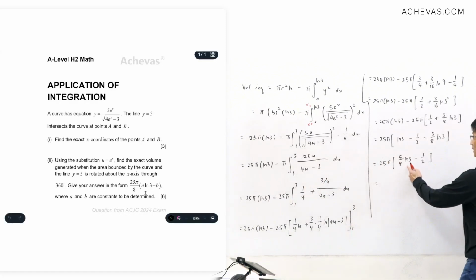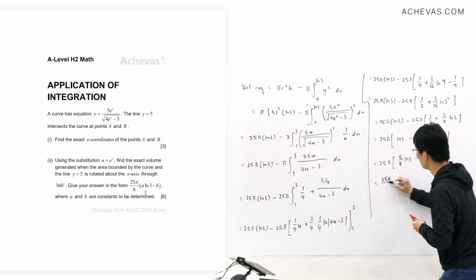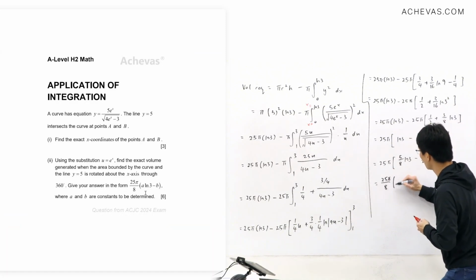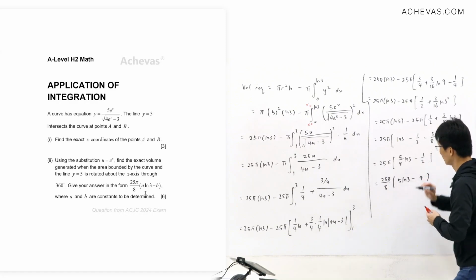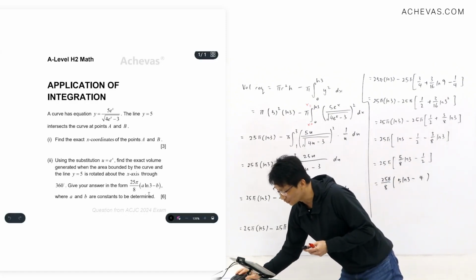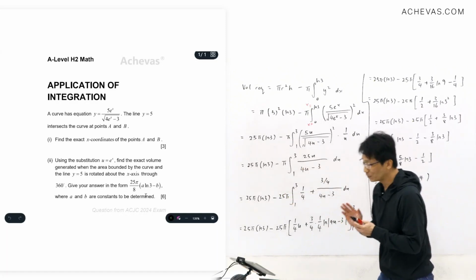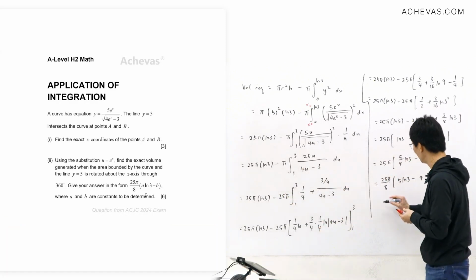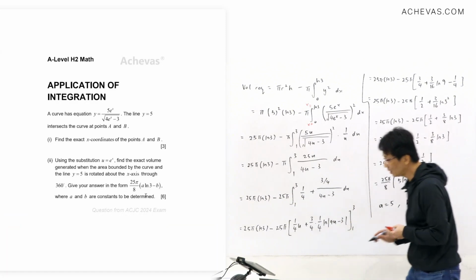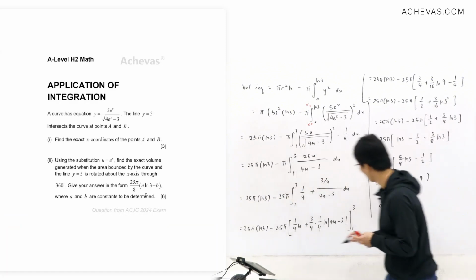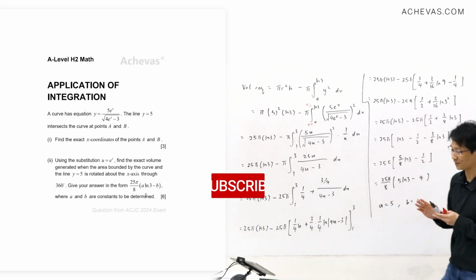I will factorize out 1 over 8 from here. So I got 25 pi over 8, and I am just left with 5 ln 3 minus 4. Okay, which is good because this is the form that I want. By doing a bit of comparison, I can see that A will be equal to 5 and B will be equal to 4. Right, so this will be my final answer for this question.